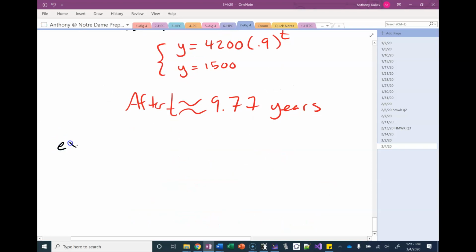Let's do one more example, and then we're probably good for today in terms of examples. This one will be a compound interest example since we haven't used that model yet.